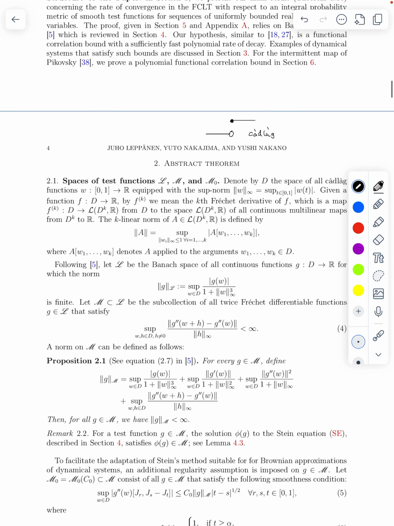The other way to say this, if you're used to CS notation or Landau notation, is that f of v plus h minus f of v minus A of v applied to h is little o of h. So this is the natural notion of what it means to be differentiable in a Banach space.